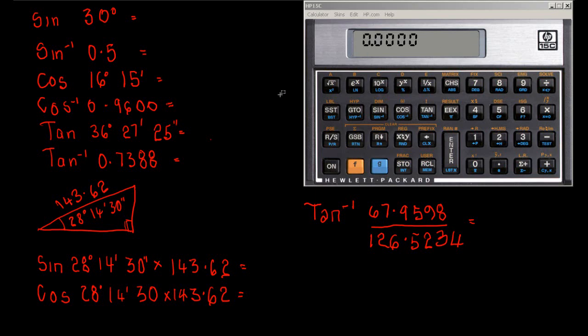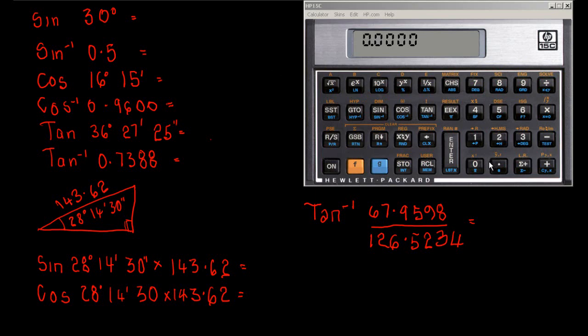Now this calculator here is the HP 15C. It was one of the cheaper calculators that was used by surveyors in the earlier days. It has a small programming capability to it, and we did have a few programs that we could load into it that a lot of surveyors would use out in the field.